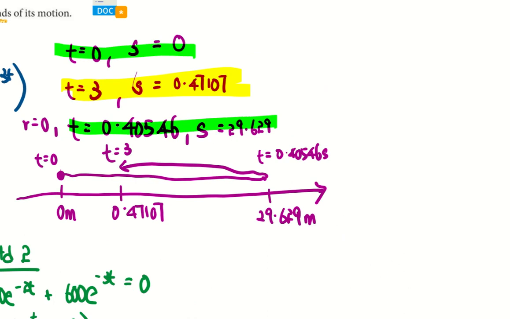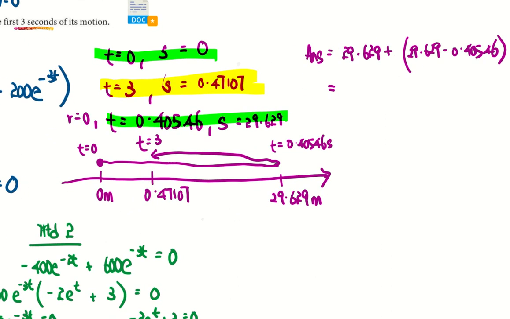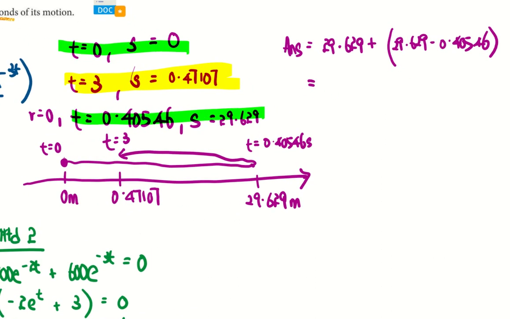If I want to find the answer for the total distance for the first 3 seconds, this is for the first part. Then after that, I need to find the difference. And that will be my answer for distance traveled in the first 3 seconds.